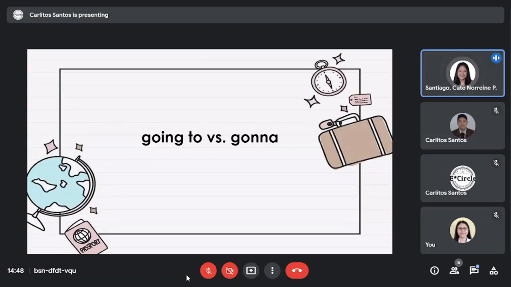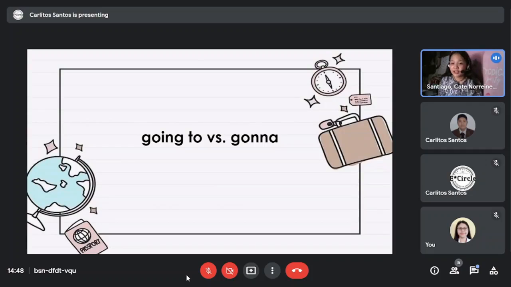And it could also be followed by a place, just like I am going to Manila. But gonna will not work if it is followed by a place, just like I'm gonna Manila. Of course, that will not work. But if it is followed by another verb, just like I am going to bake a cake tomorrow, as you can see, it will work.